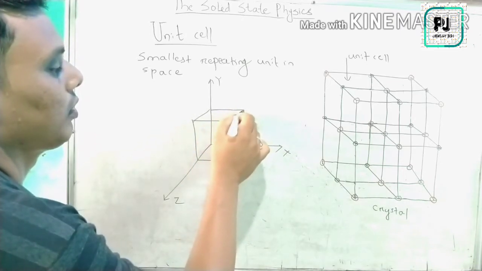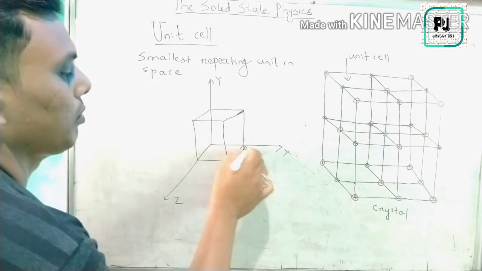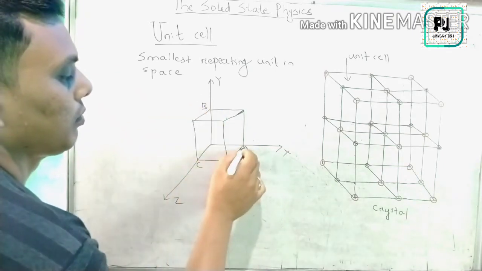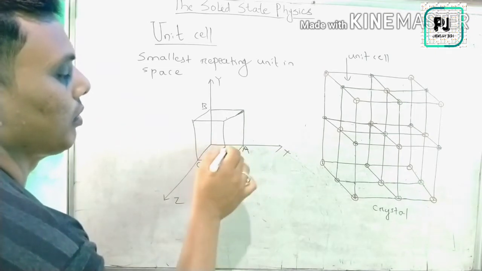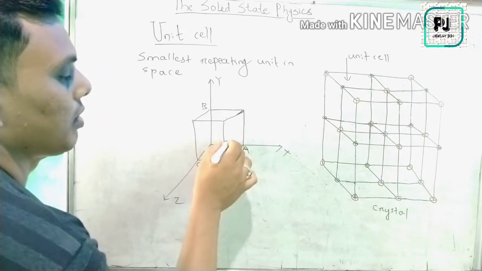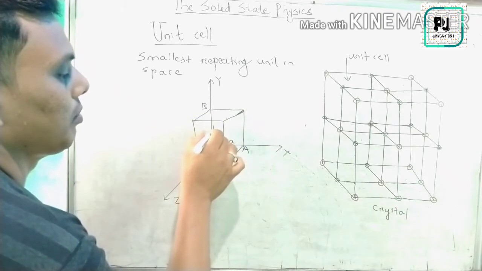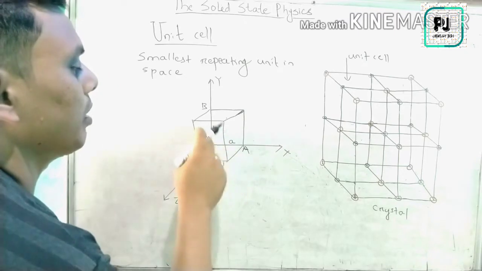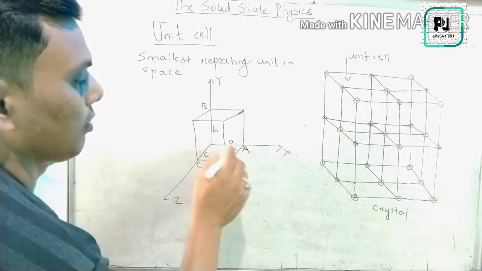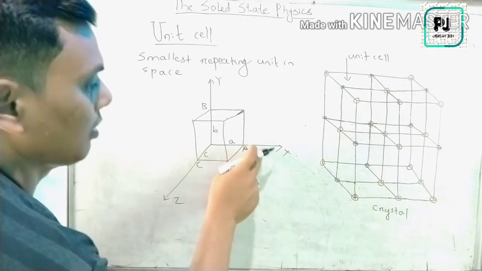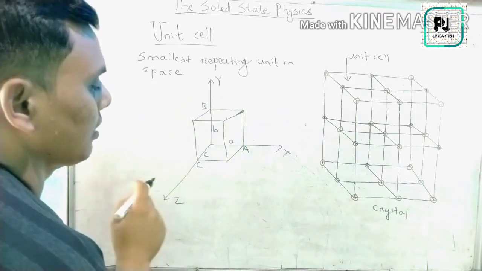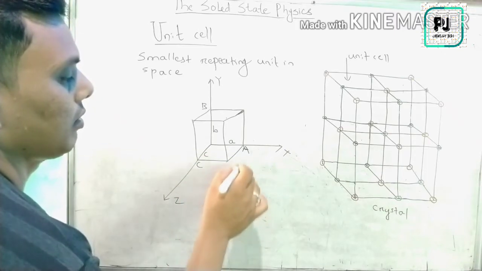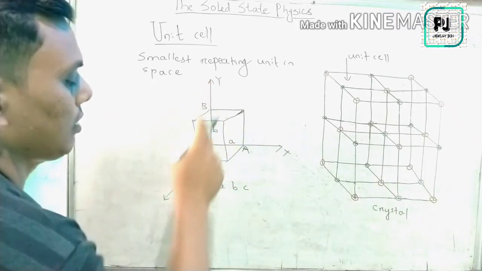This is the A point, this is the B point, and this is the C point. The parameters are A for the x-axis, B for the y-axis, and C for the z-axis.